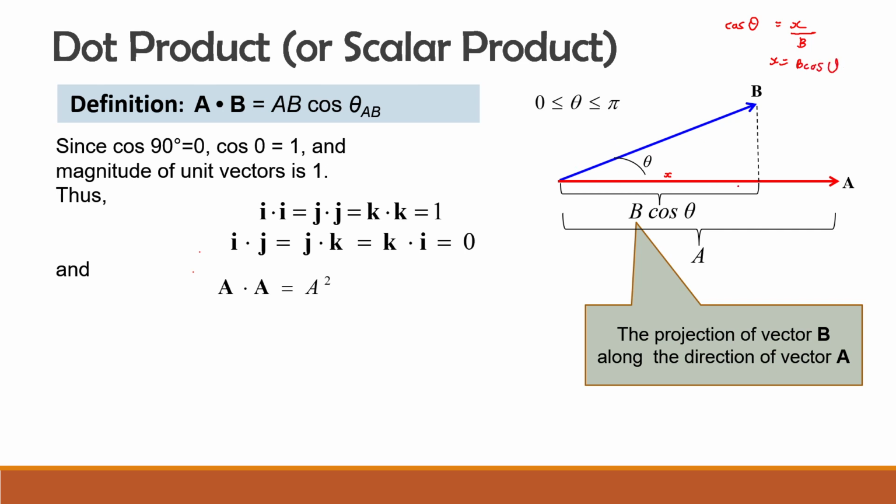It means the projection of vector B along the vector A is B cos theta. And the definition of the dot product, A dot B, is AB cos theta.